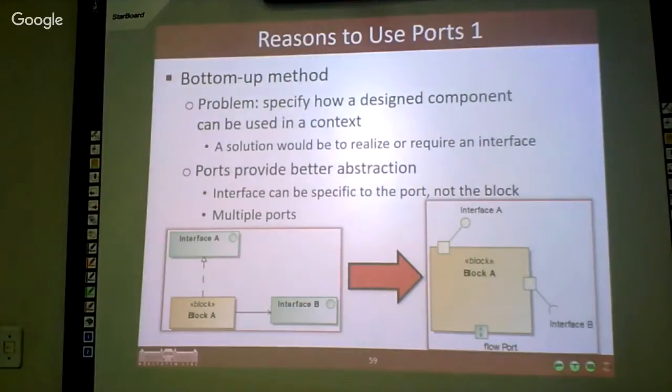And ports provide the abstraction at the IBD level, and they provide the interfaces. So you can attach the interfaces you defined formally and use them in the internal block diagram. You can just add multiple ports, and you can use the same interfaces on them. So somehow interfaces define types for the ports.